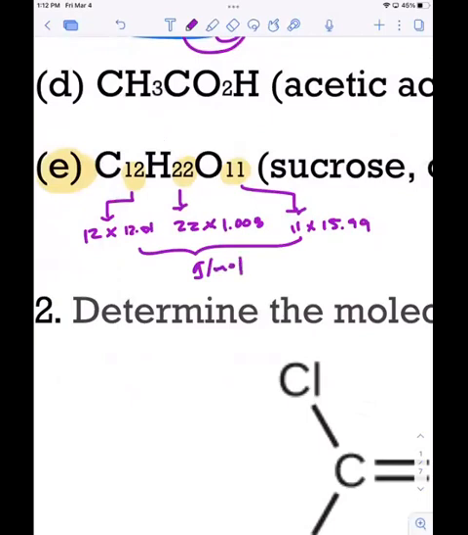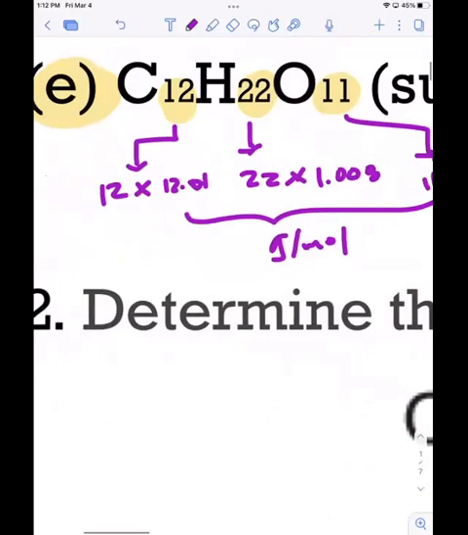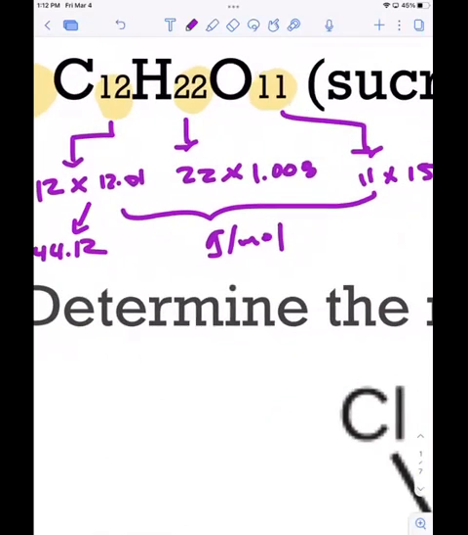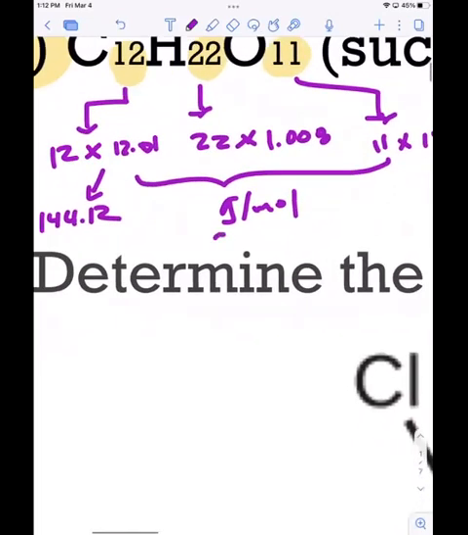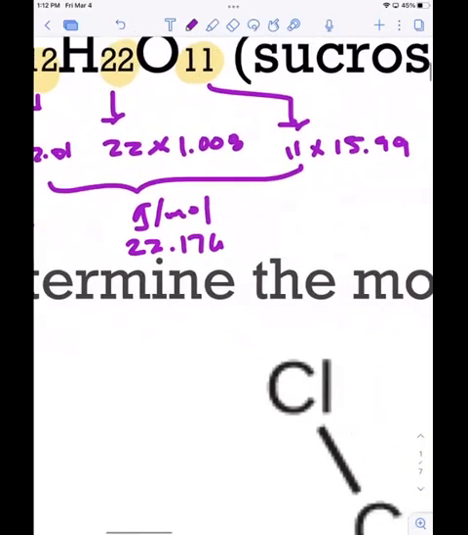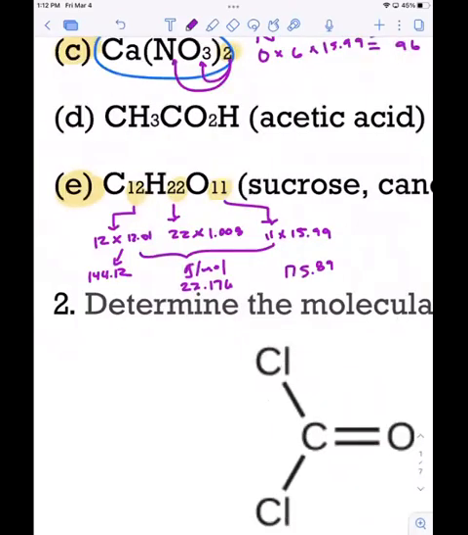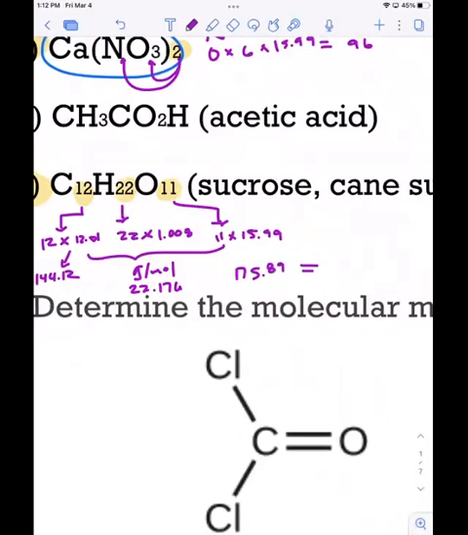That's my units for molar mass, grams per mole. All right. What do you got from that? This is 144.12, and this will be 22.176. And then this will be 11 times 15.99. What you got for that? 175.89. So we'll just add all those up, and the sum will be the molar mass for sucrose.